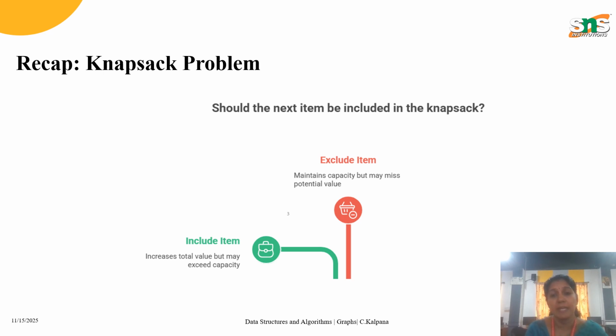Either we can include the item, that item is really valuable, it adds value to the knapsack problem, then we are going to include that item. So that is called optimization. Else if that item is not at all going to give any value, we are going to exclude that item from the knapsack. So this is what we have discussed in the last session.